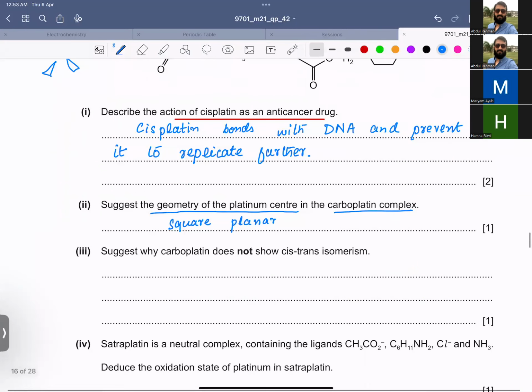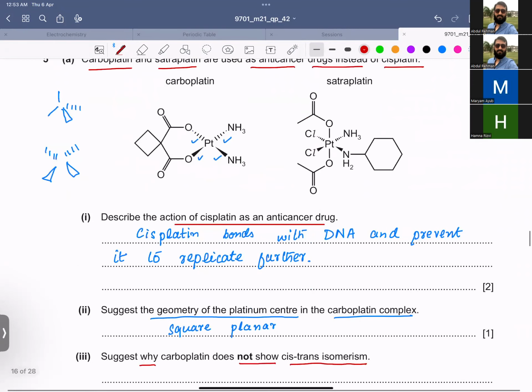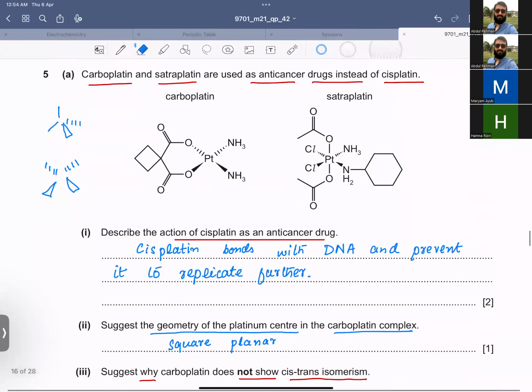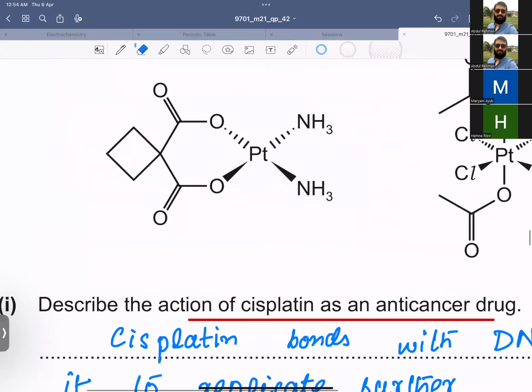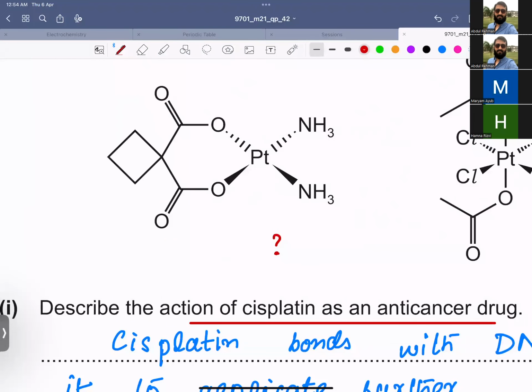Okay, now suggest why carboplatin does not show cis-trans isomerism. Yes, can anybody suggest why it does not show cis-trans isomerism?